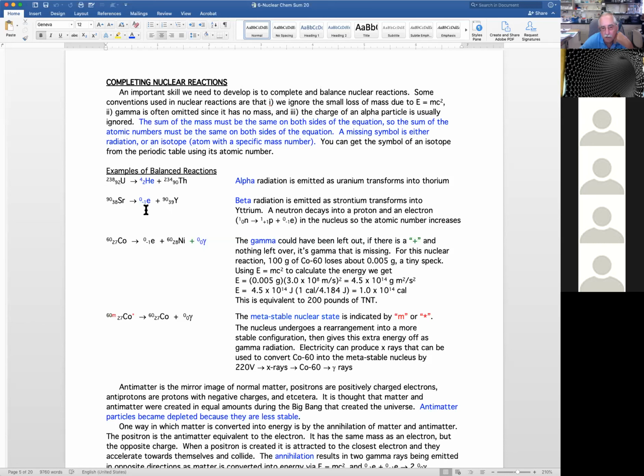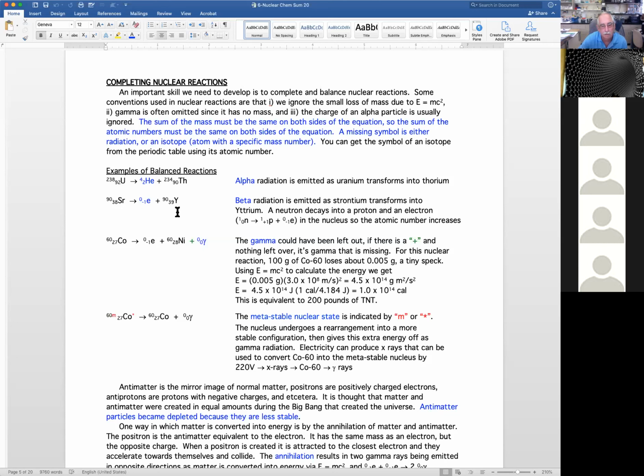We treat the charge on the electron mathematically. So 38 has to equal -1 plus something. That would be 39. So 39 plus a -1 gives you 38. Well, what element is 39? Well, the periodic table would say that's yttrium. Then 90 has to equal 0 plus, well, that would be 90.